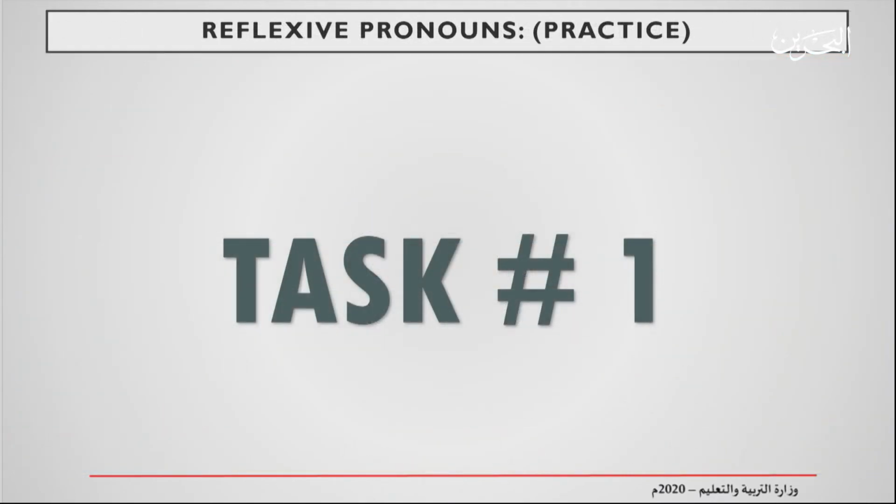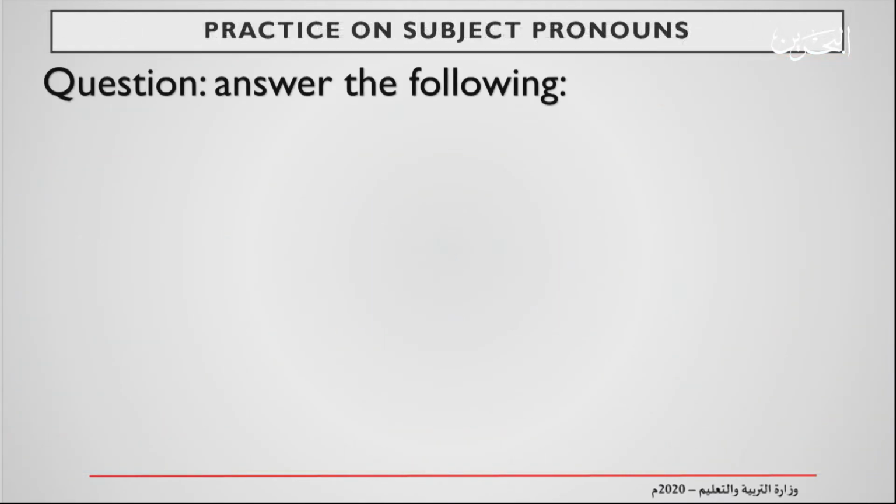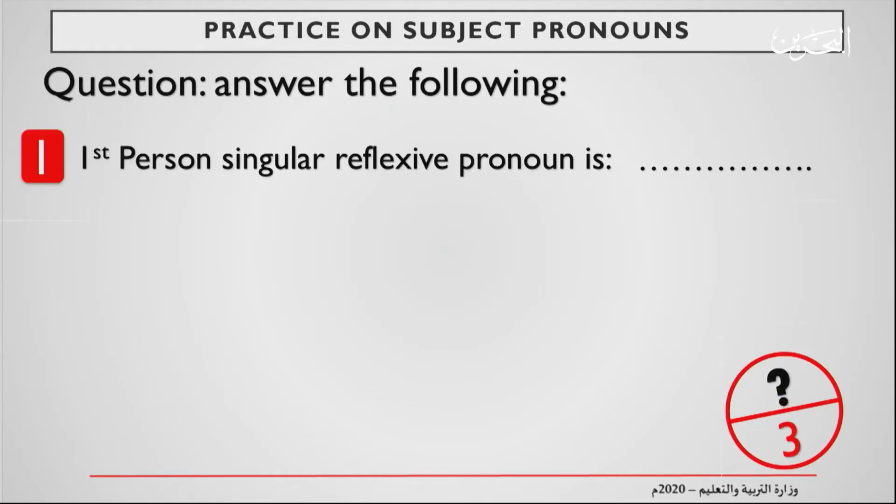So, let's go over to task number 1. Answer the following. You have a mark of 3. Number 1. I would like you to remember the first person singular reflexive pronoun. Write it there. You have 5 seconds. All right. Let's check the answer.